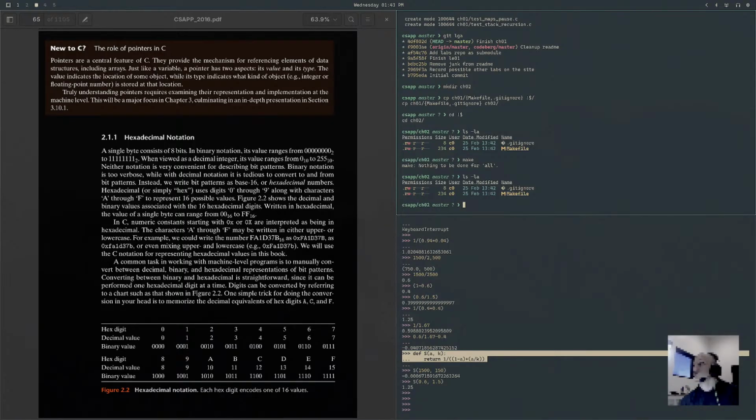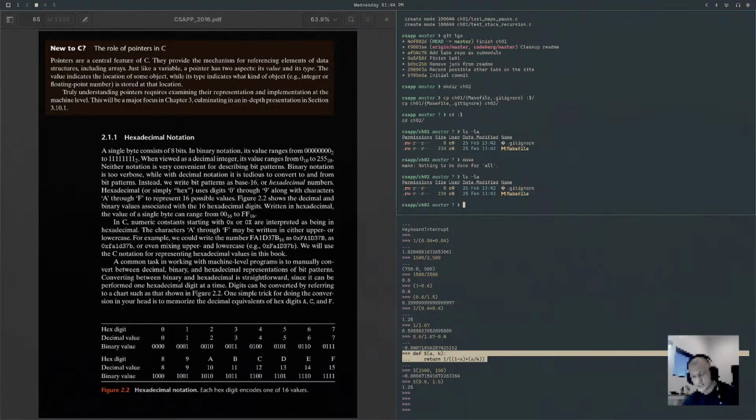In C, numeric constants starting with 0x or 0X are interpreted as being in hexadecimal. The characters A through F may be written in either upper or lowercase. For example, we could write the number FA1D37B16 as 0xFA1D37B or 0xfa1d37b, or even mixing upper and lowercase. We will use the C notation for representing hexadecimal values in this book.